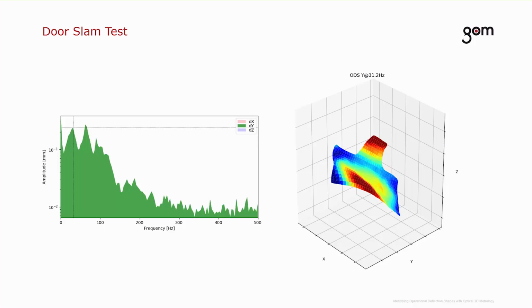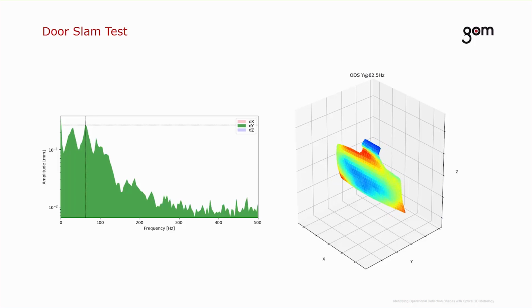It's an interactive tool, and you can click on the peaks that you identify in the frequency response curve, and the 3D diagram will display and visualize the corresponding operational deflection shape. Here in this case we had multiple local maxima in our frequency response curve, so we could identify several interesting operational deflection shapes with our measurement.